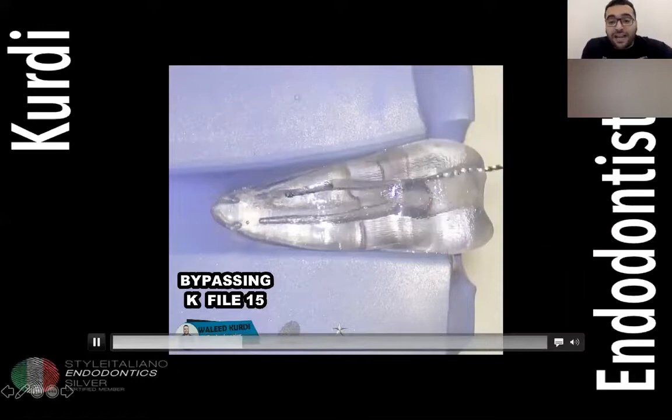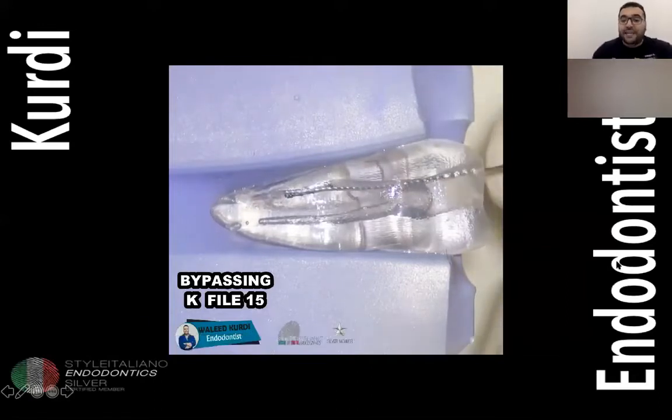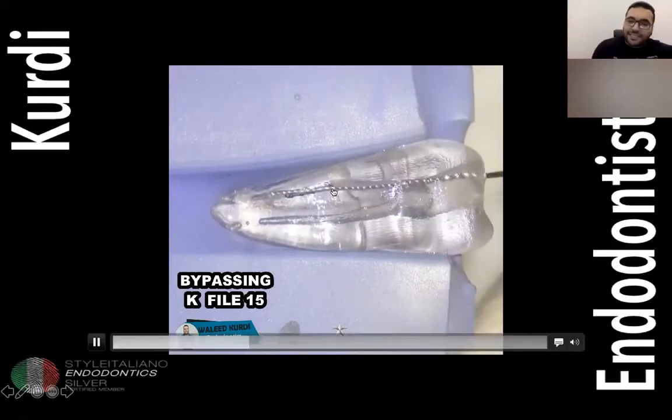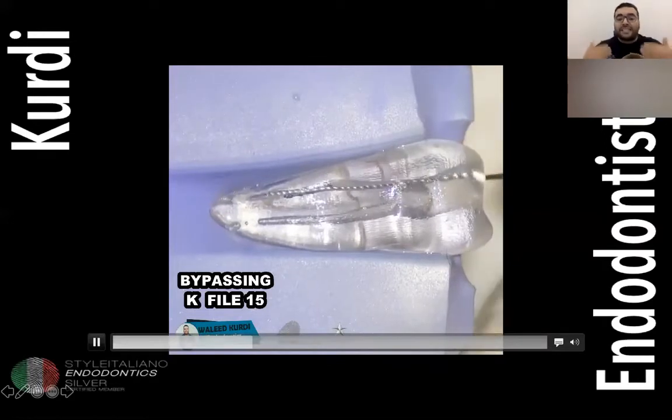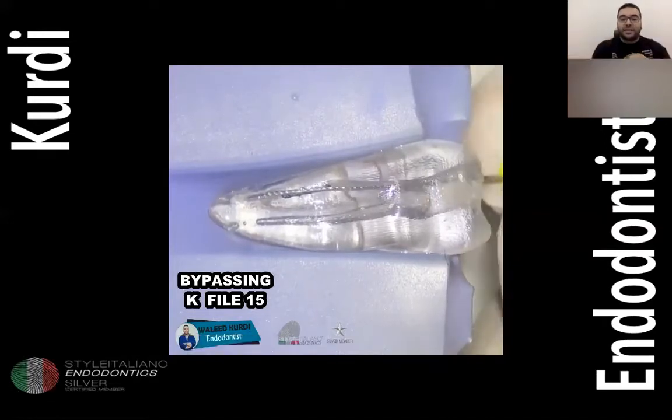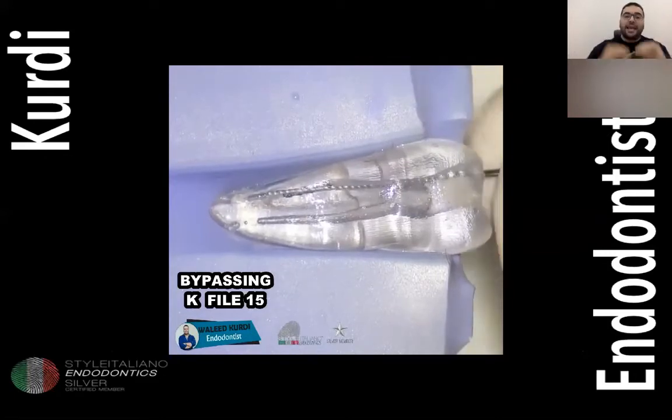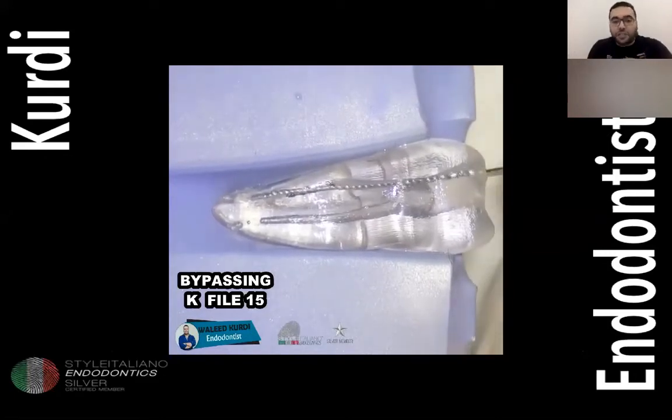So I decided to increase the bypassing space here with K file number 15. If I increase the bypassing space with K file number 15, it will be easier for me to go back to K file number 10 again. And in this case, I will reach the full working length in an easier way.